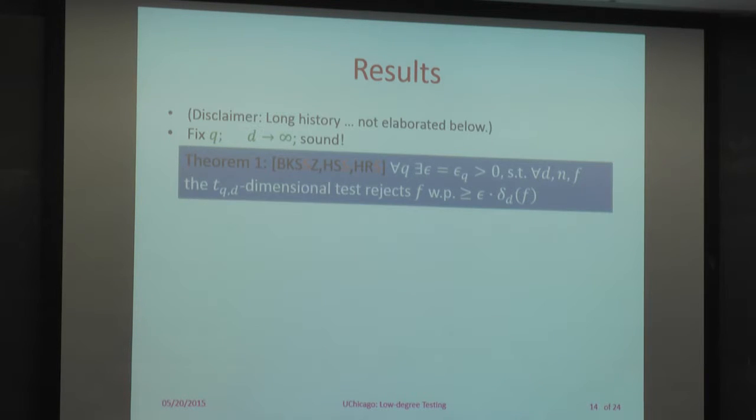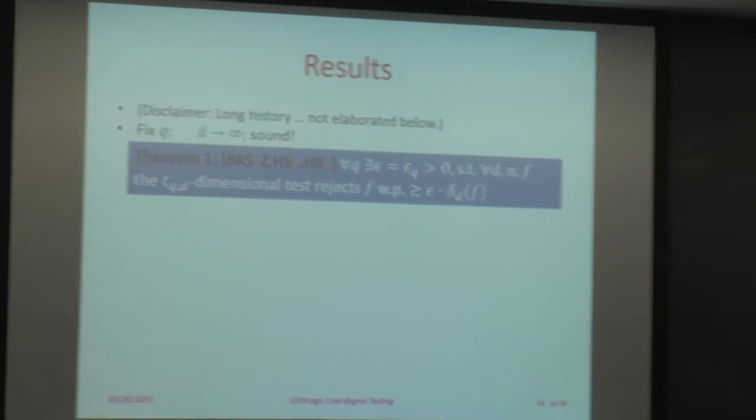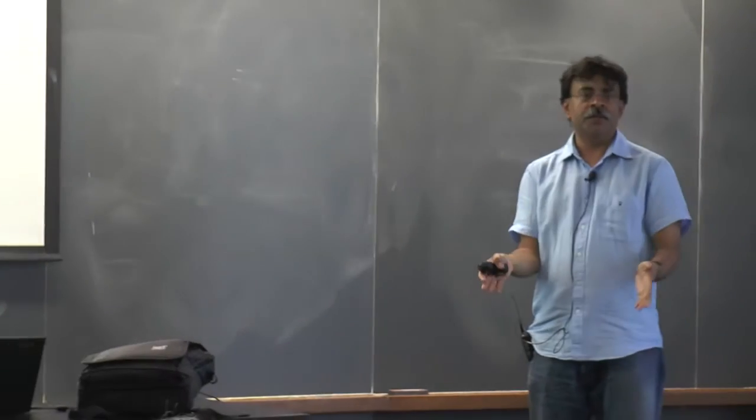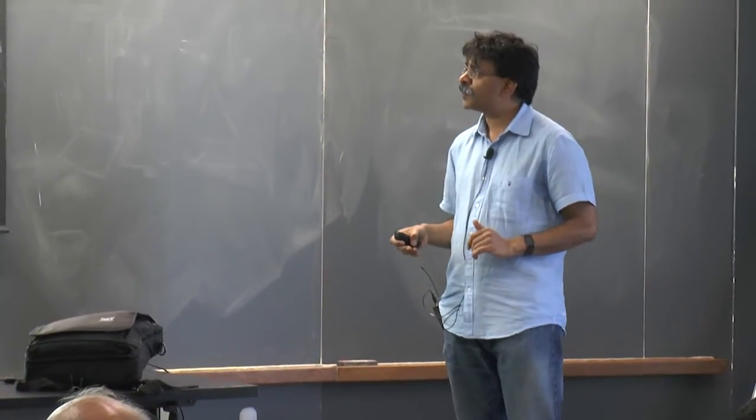Think q equal to 2, 3, 5, 8, etc., any prime power. And now we are going to let d also go to infinity. What kind of behavior do you expect? The locality, we cannot help it. You are going to get q to the d over q, that is the best you can hope for, and there is even a minimum number, and that is the best you can hope for.